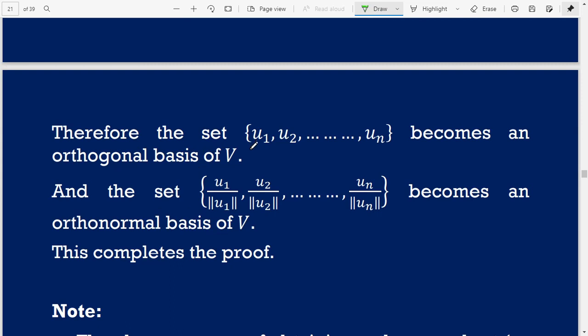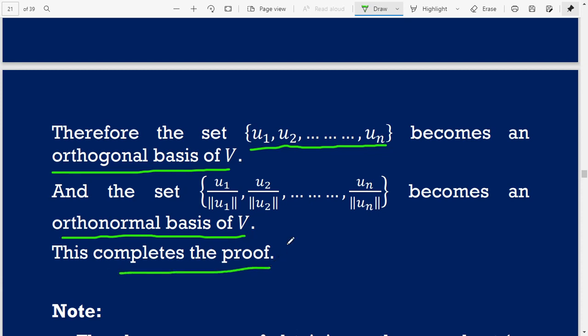Therefore, the set u1, u2, up to un becomes an orthogonal basis of V, and the set u1/‖u1‖, u2/‖u2‖, up to un/‖un‖ becomes an orthonormal basis of V. This completes the proof.